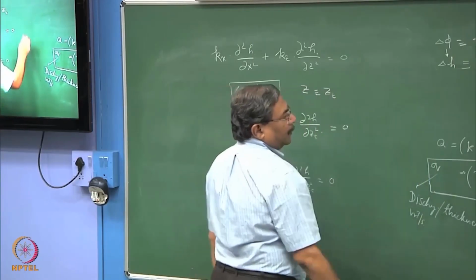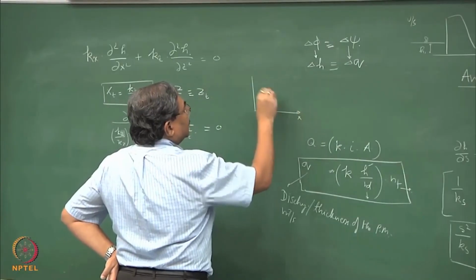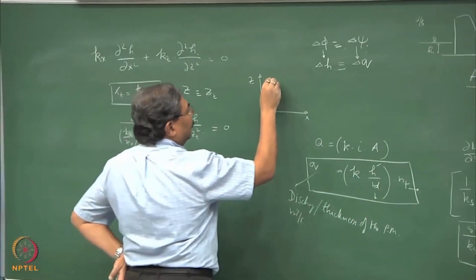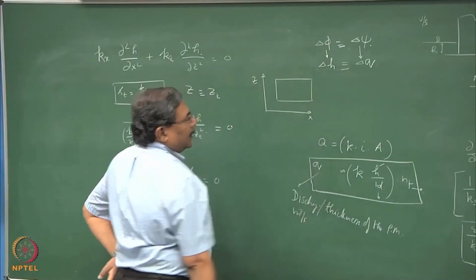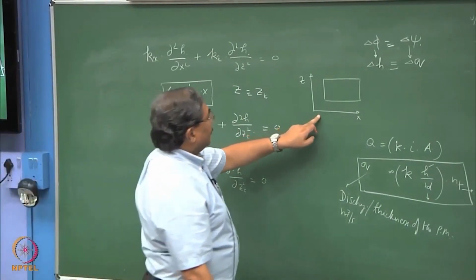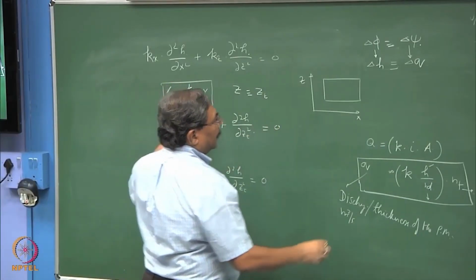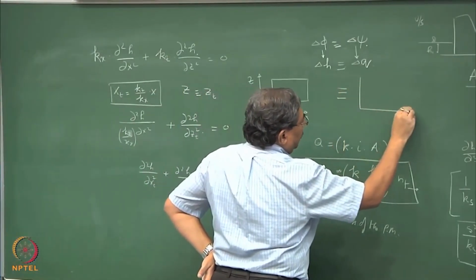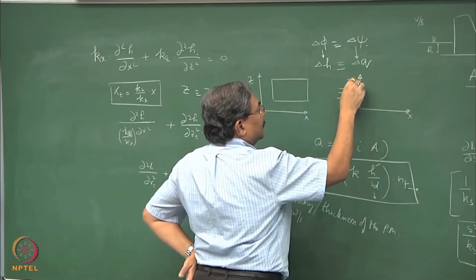So, the flow net which we have been talking about on x z plane, suppose which was a rectangle. Why? Because we have k z and k x. This can be transformed to a scale x and z t.